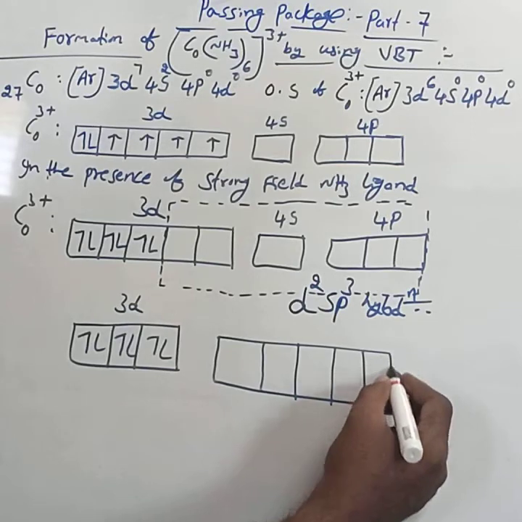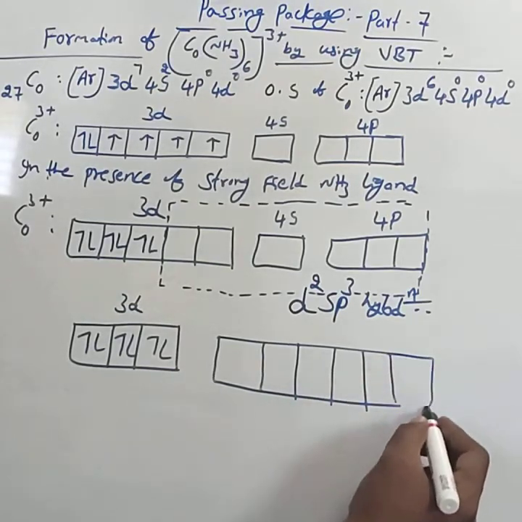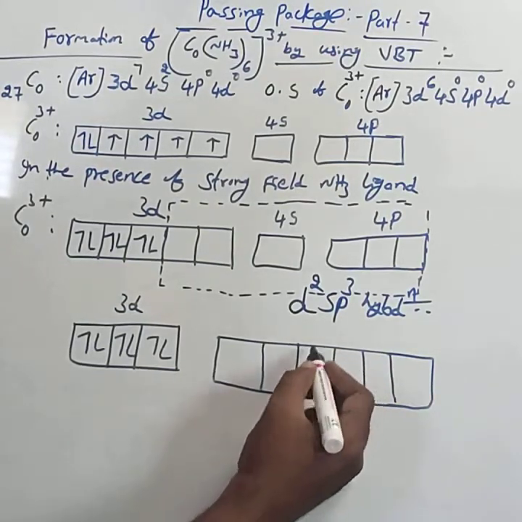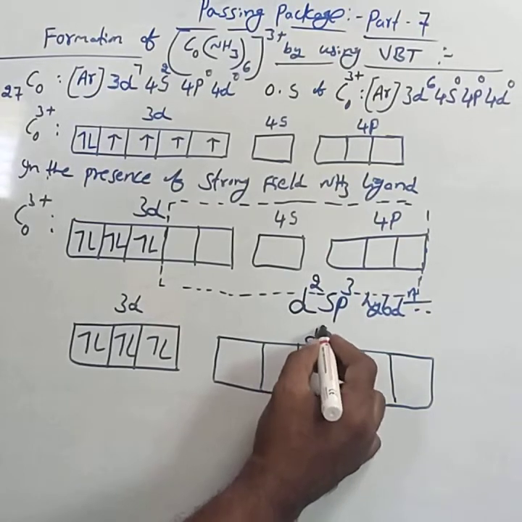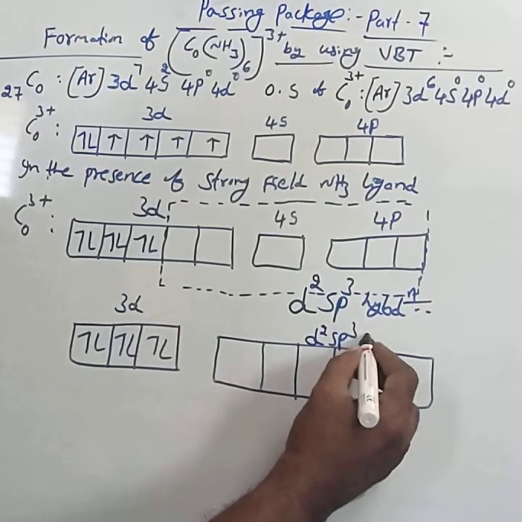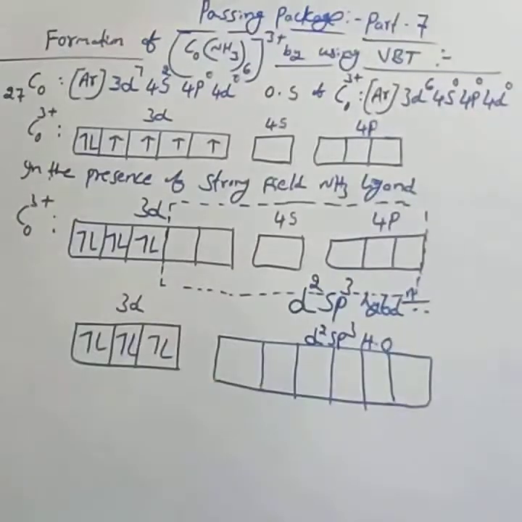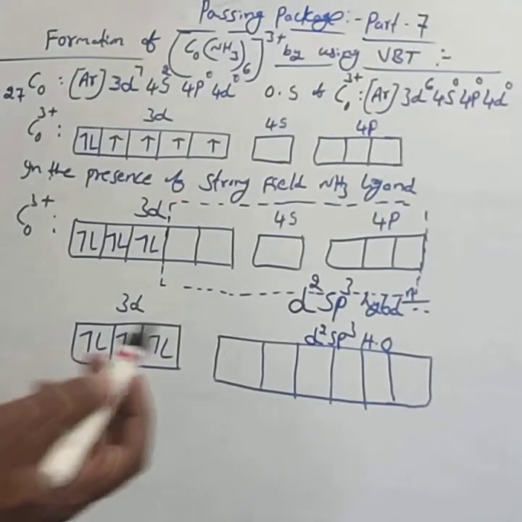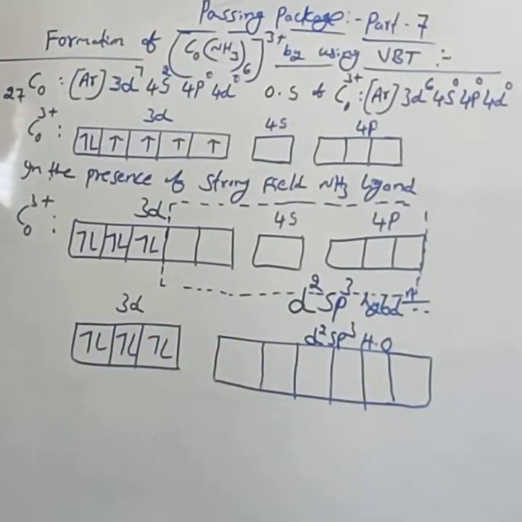These are 6 d2sp3 hybrid orbitals, all having the same energy. Such vacant d2sp3 hybrid orbitals overlap with the filled orbitals of ammonia, and each ammonia donates 2 electrons.